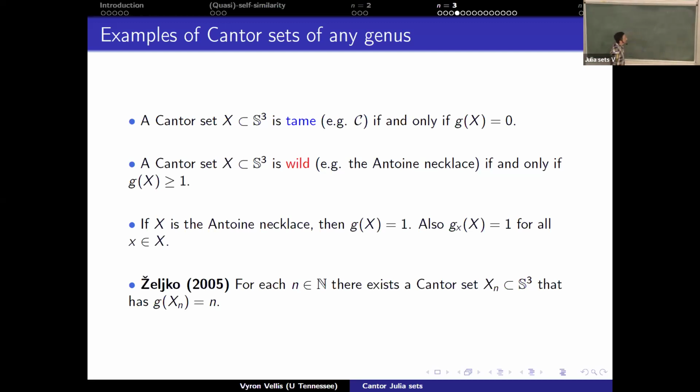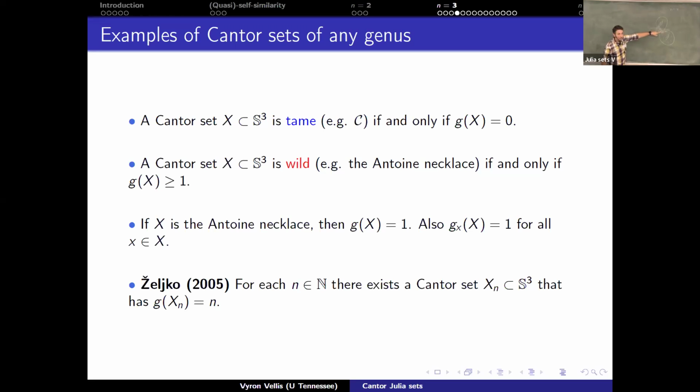Right, so the idea is you start with a genus 3 object, let's call it a flower. Okay, and inside here, I'm going to put in the middle a flower like this. And I'm going to put a sequence of solid cubes going around linked like this. Now, in each of these solid cubes, you put an Antoine necklace.